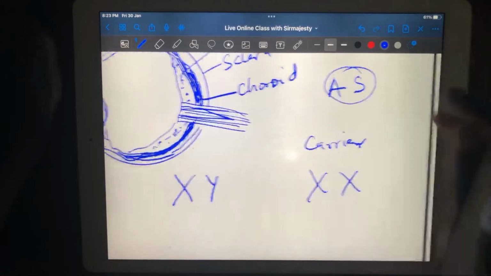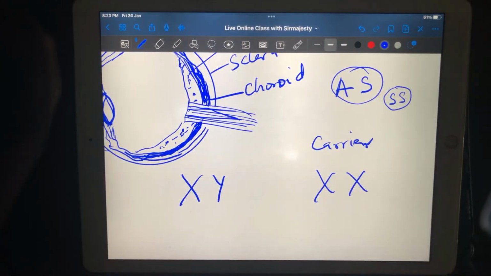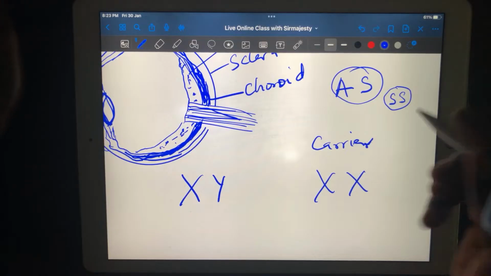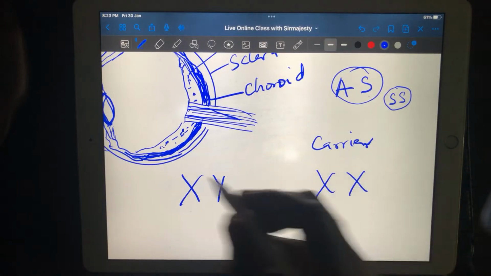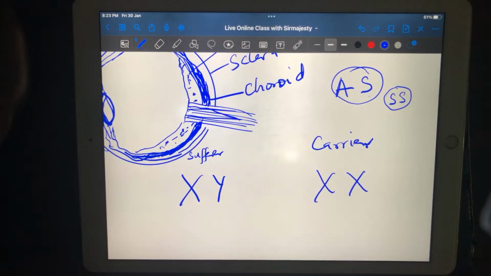But when you have the 2 defective genes, the 2 recessive genes, such that there is none to cover you, you become a sufferer. So SS, they are the sicklers, but AS are not genetically normal, but they are phenotypically normal. In their gene, they have this sickle cell. So when we say carrier and a hemophilic man, that's a sufferer.